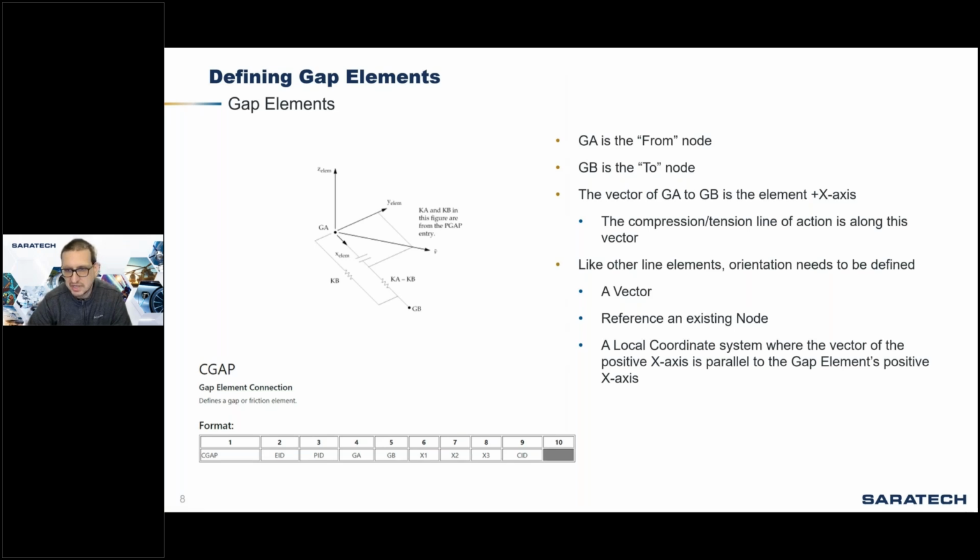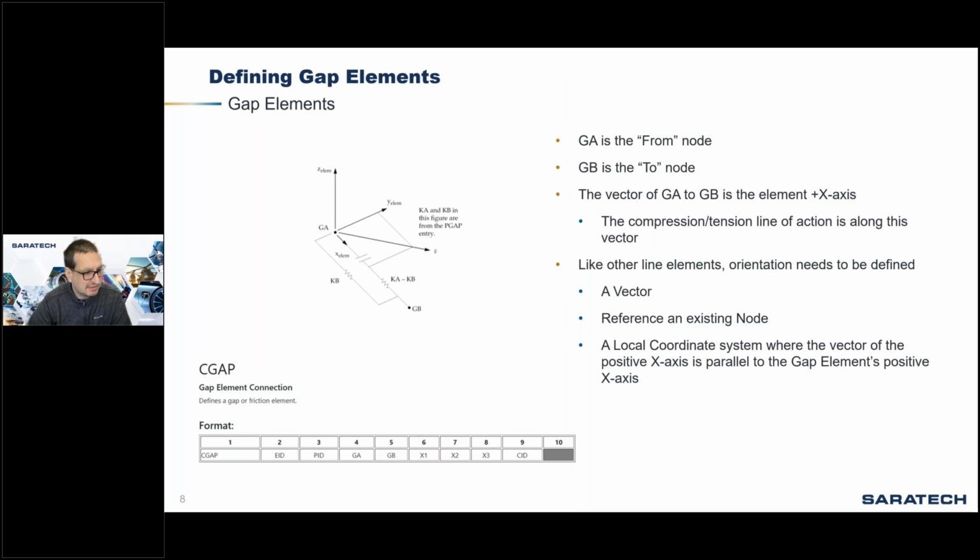But like other line elements, orientation needs to be defined. Even though we may only be dealing with compression or tension, we still need to orient Y and Z. That can be done in a few different ways: a vector, or referencing an existing node, or even a local coordinate system, which is going to be pretty mandatory when it comes to coincident GA, GB.